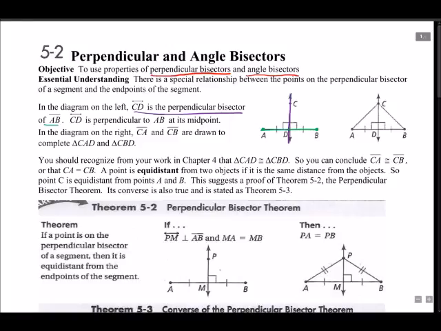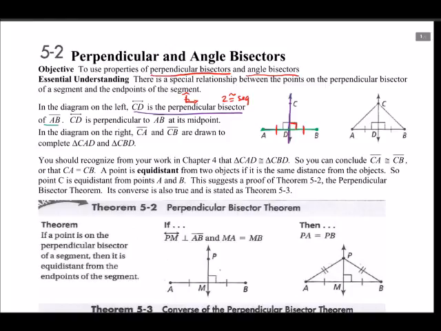Okay, so it is perpendicular, that means right angle, and it bisects. Perpendicular means right angle. Bisect means two congruent segments here. CD is perpendicular at the midpoint. Definition of midpoint, two congruent segments.